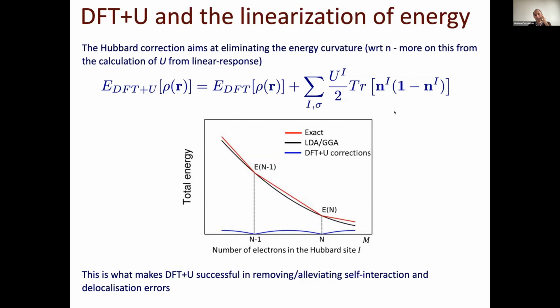So the blue curve, which simplifies what this term does, is exactly what you need to recover the piecewise linearity from the black curve. So provided that the U is measured correctly, as you will see in the next talk. This is the main idea.